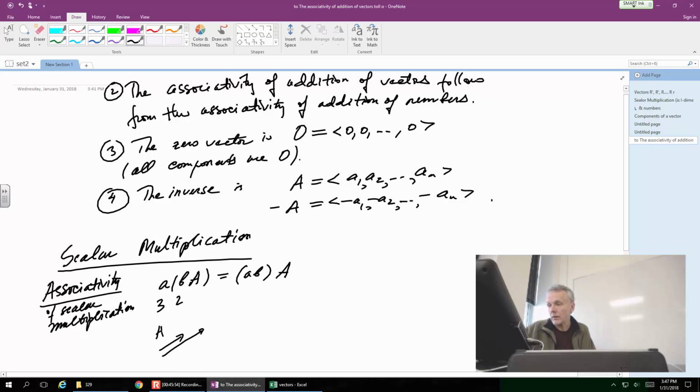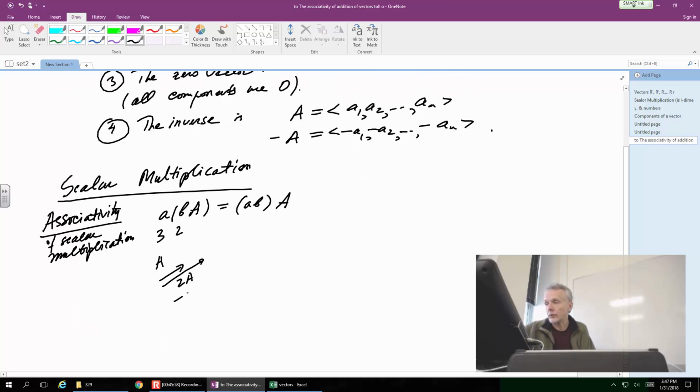So this is A, this is 2A. And then I triple the result. So this was my 2A, 2A, 2A, right? So altogether, that is my left-hand side. I multiply it by 2, and then the result is multiplied by 3.